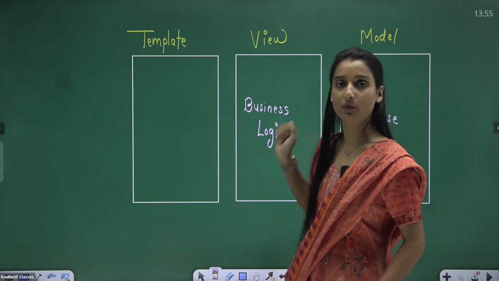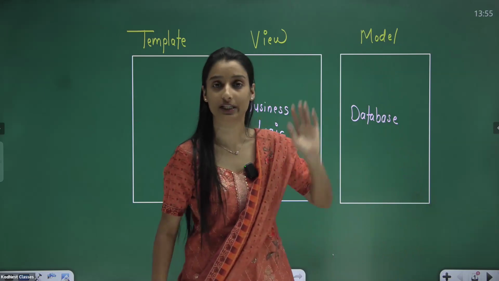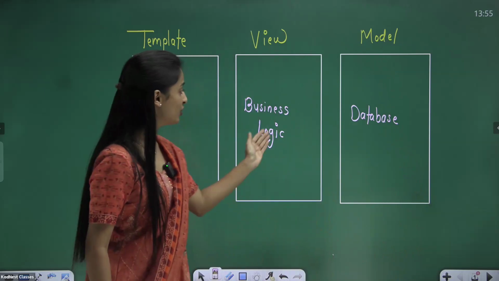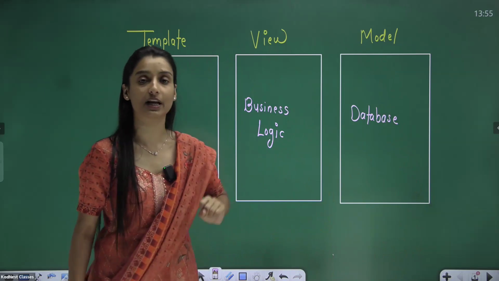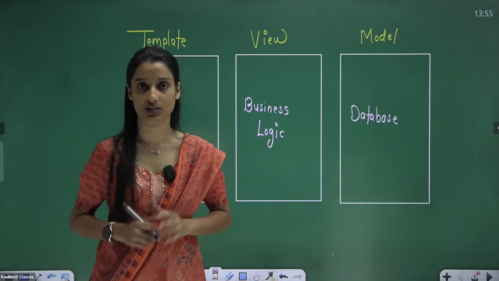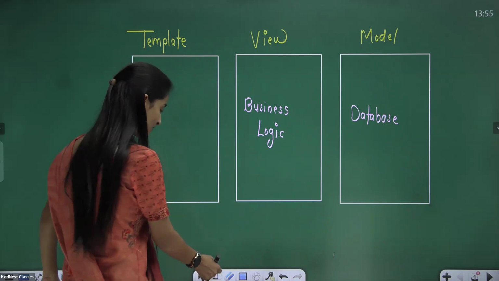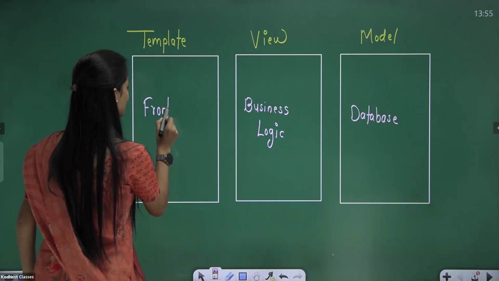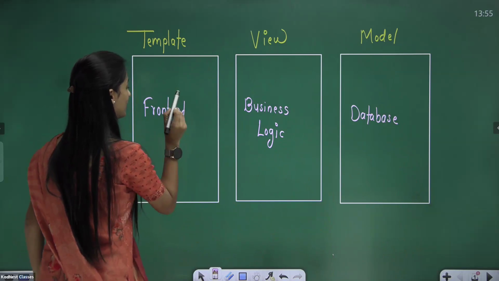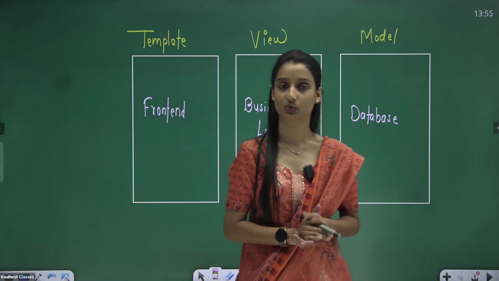Your business logic will process it and store it into the database. So basically, your business logic is responsible to accept the incoming request from the user and process it. The last one is the front end. Template is nothing but our front end, the presentation layer for the customers, for the users.